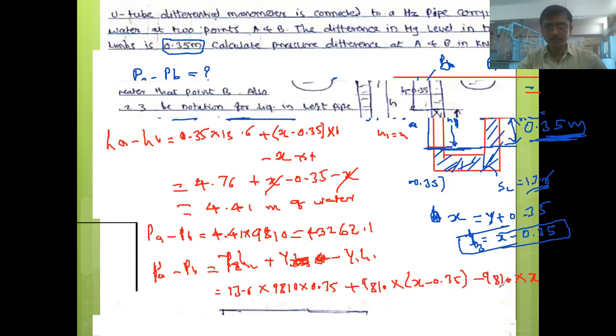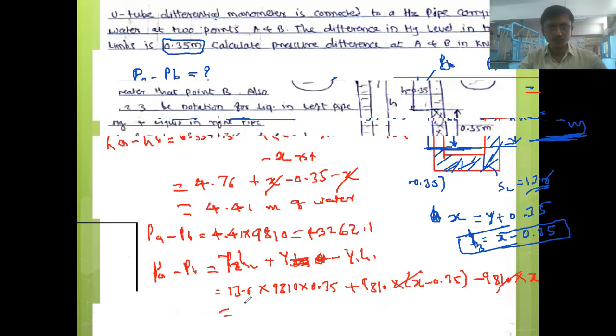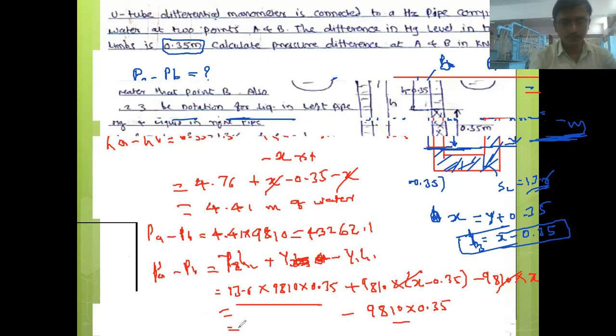So 9810X and 9810X will get cancelled here, and this value minus 9810 into 0.35 was the part we had forgotten to subtract there. So do the calculation now and you will get the same answer. 13.6 into 9810 into 0.35 minus 9810 into 0.35 gives 43262, correct, the same answer you are getting here.